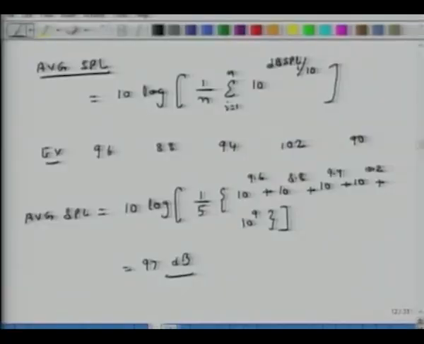The last point I wanted to cover very briefly are two terms: correlated sound and uncorrelated sound. A correlated sound is essentially when you have a bunch of sources, and each source is generating sound, but you precisely know the phase relationships for each frequency coming from all of these sources.